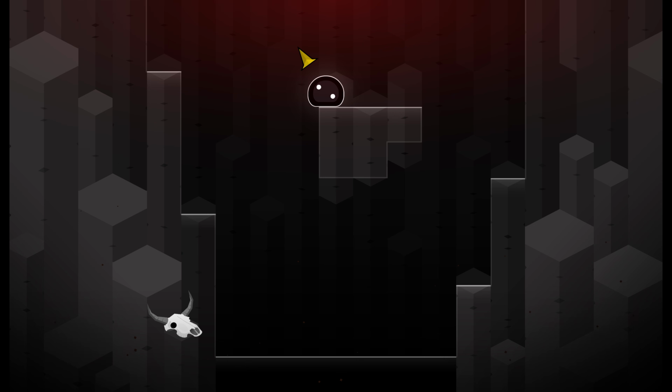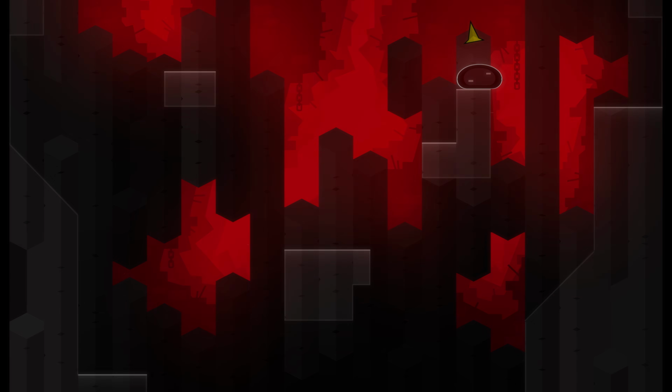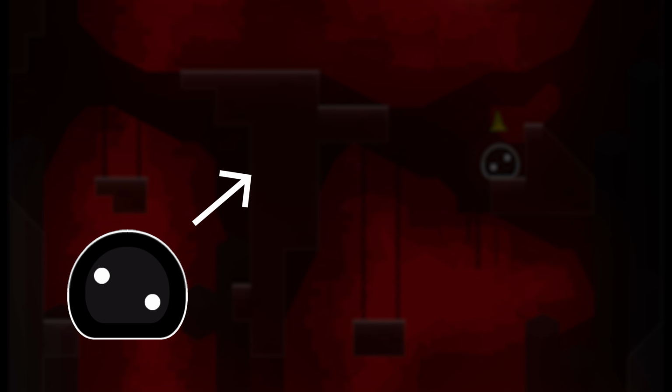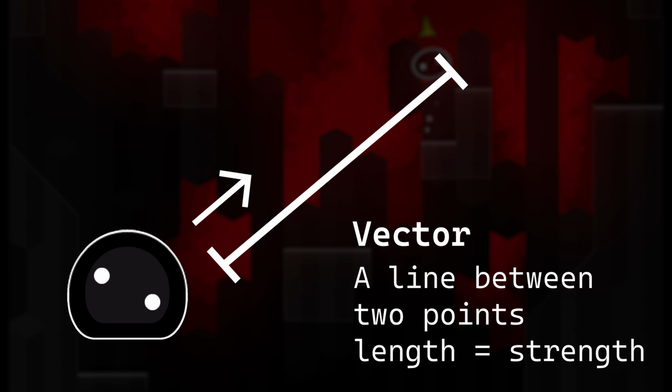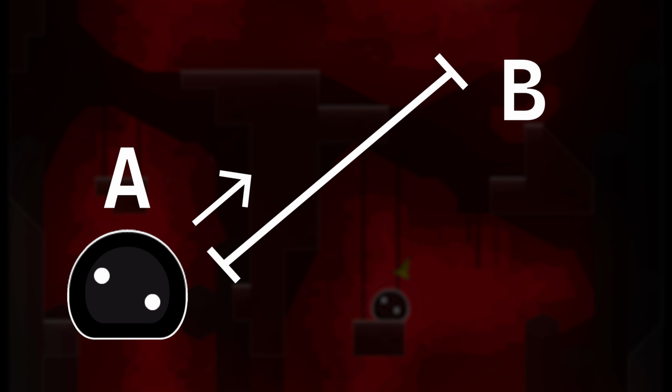Creating physics in Geometry Dash sounds complicated, and in many ways it is. My system, however, is, at its core, pretty simple. Let's start at a conceptual level. You, the player, want to jump at a specific angle. Taking the angle, we can calculate a movement vector, which is basically just a line from your character to another point, with length equaling strength. Point A is the player, and point B is the destination, so to speak.